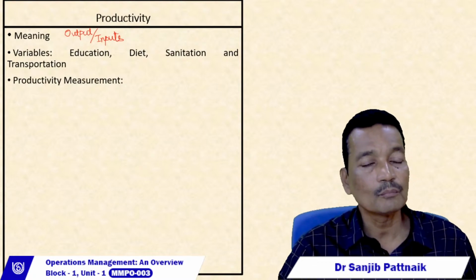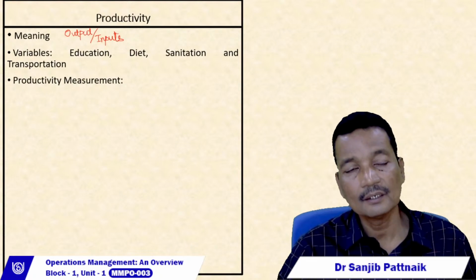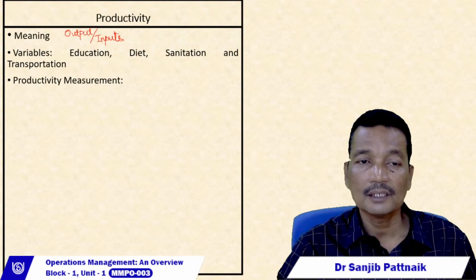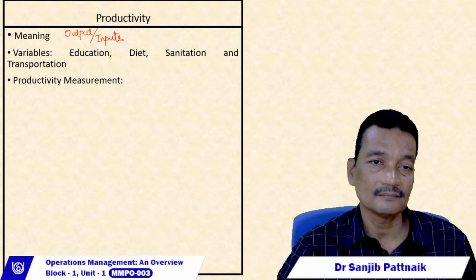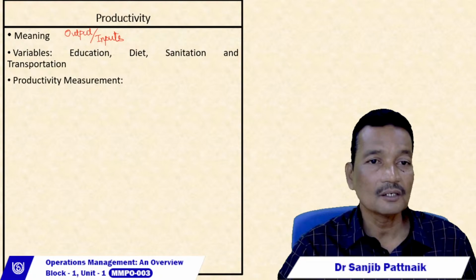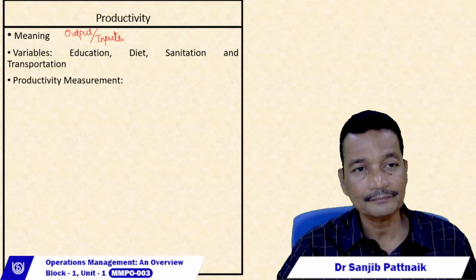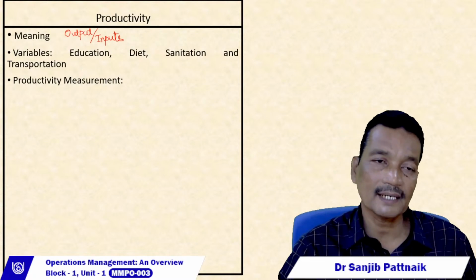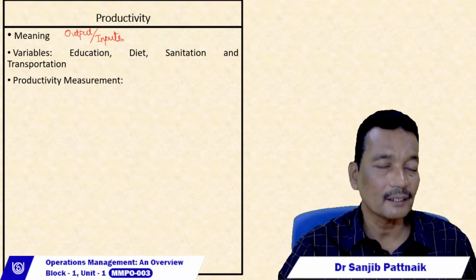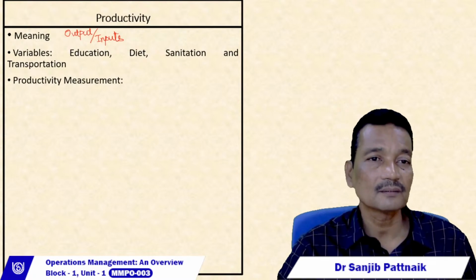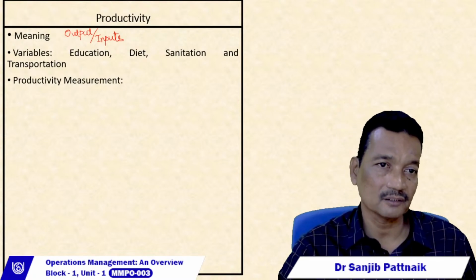And here, most of the focus is without decreasing the quality or harming the environment, etc. So, how can we have better outputs, of more levels, from a given set of inputs?